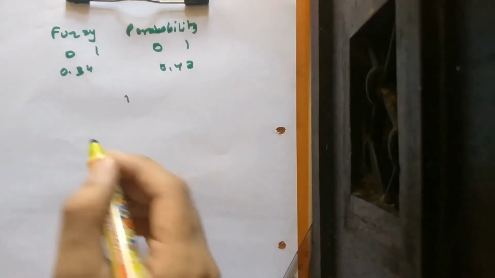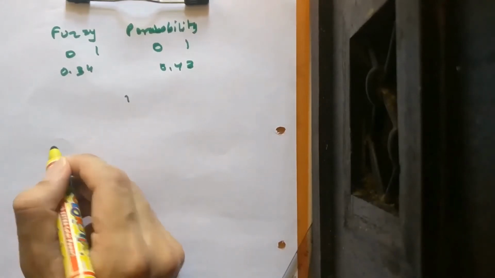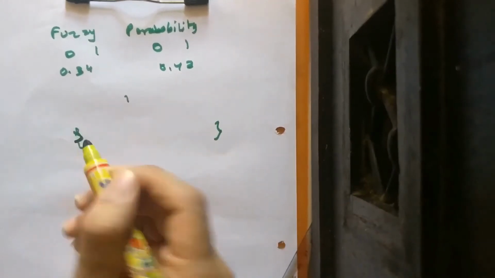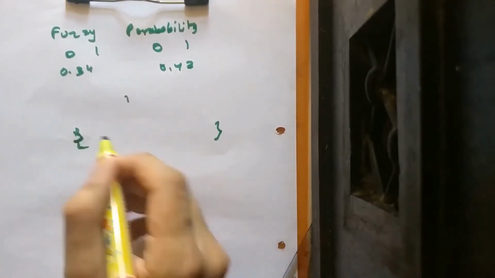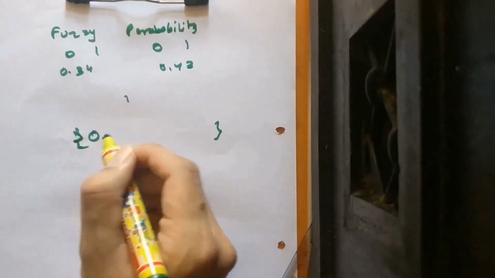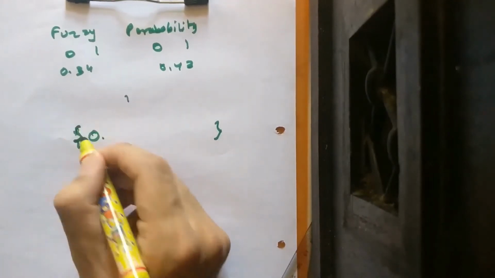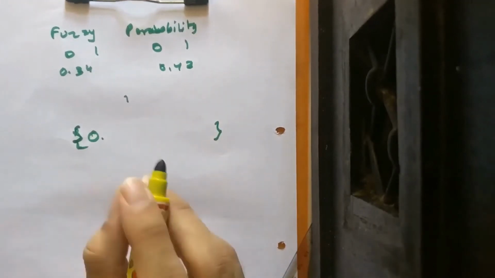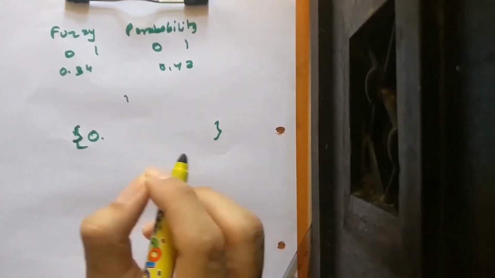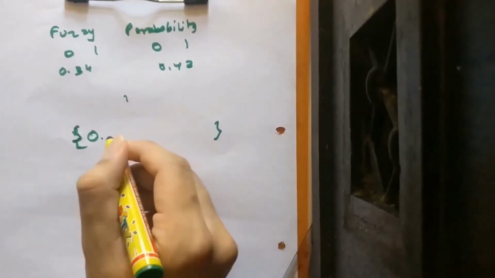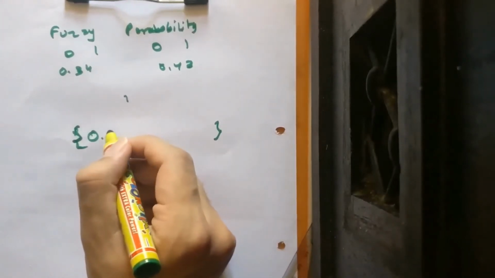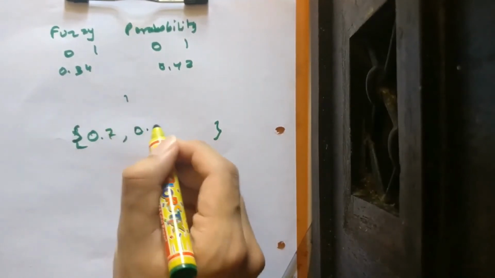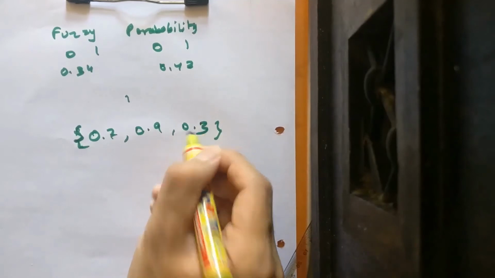For example, let's take another example. Let's say you have a crush on someone, and let's say you have had multiple crushes over a period of time. Let's assume now that those crushes liked you back. I know it's a brave assumption, but just bear with me for a while. So 0.7 is for the first crush you had, 0.9 and 0.3 for example.